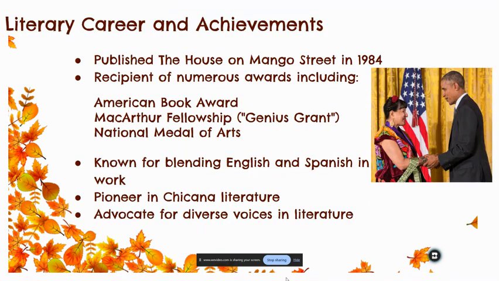She published The House on Mango Street in 1984. She's won a number of awards, including the American Book Award, the MacArthur Fellowship, and the National Medal of Arts, awarded to her by President Obama. She's known for blending English and Spanish in her work. She's a pioneer in Chicana literature and an advocate for diverse voices in literature.